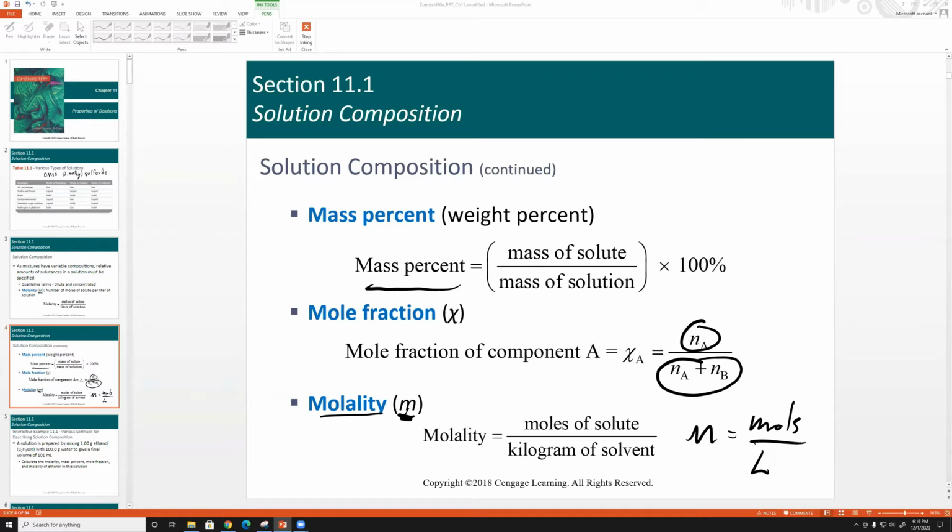I know it's December, but you could do it. I'll repeat the question one more time. Why would we use molality as opposed to molarity? The moles of solute are the same, meaning it's in the numerator, but the kilograms of solvent versus liters of solution. Can you think of anything why we would use one over the other?